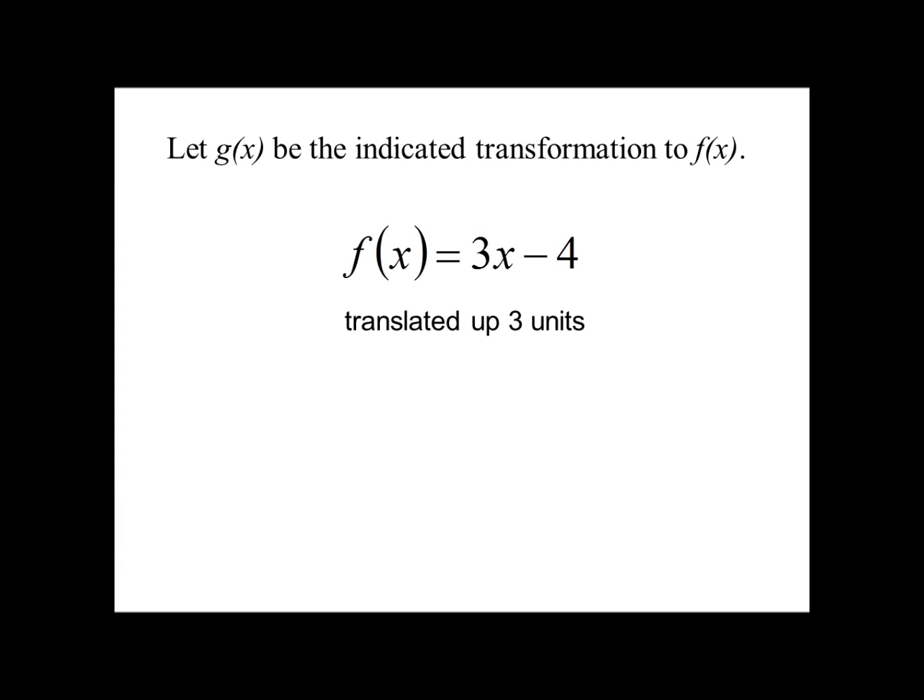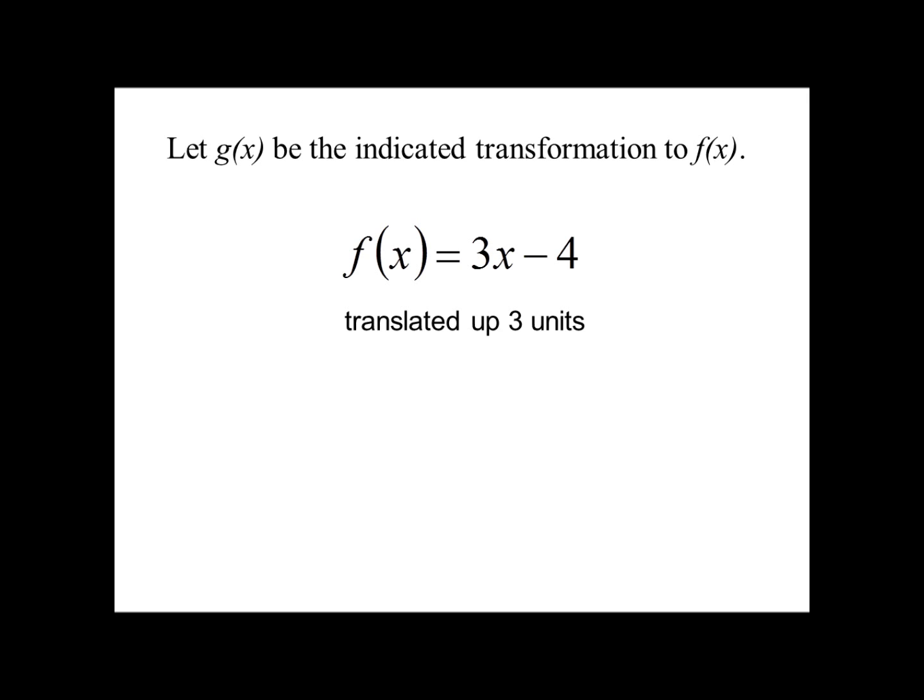Alright, let g of x be the indicated transformation to f of x, meaning we're given the function f of x equals 3x minus 4, and we want to move this graph up 3 units. We want to translate it up 3 units. What are we going to do to f of x to make it this new function g of x?